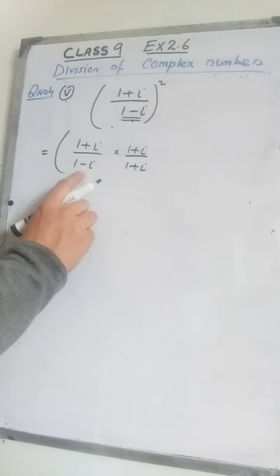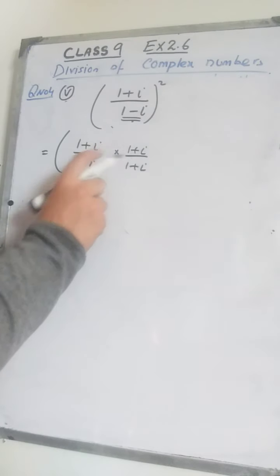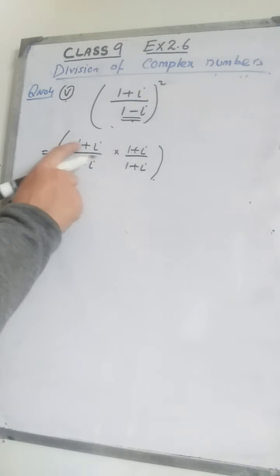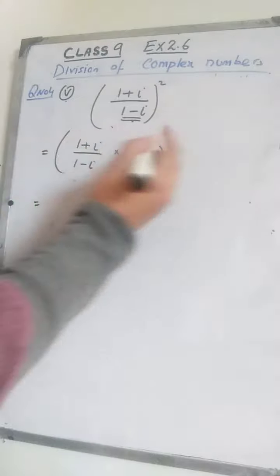You are going to take the conjugate of this number, 1 minus iota. The conjugate of this number is 1 plus iota. You are multiplying it with the conjugate of this number. By chance here the numerator is also the same as this conjugate, but this does not always happen.